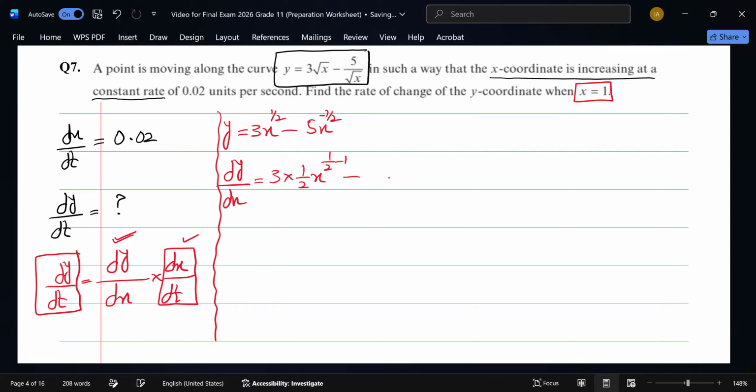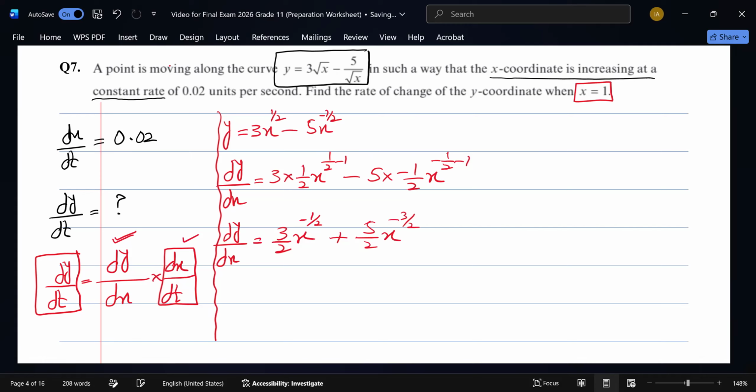Then 5 multiplied by power, which is minus 1 upon 2, and subtract 1 from the power. It's 3 upon 2 x power minus half plus 5 over 2 x power minus 3 upon 2.